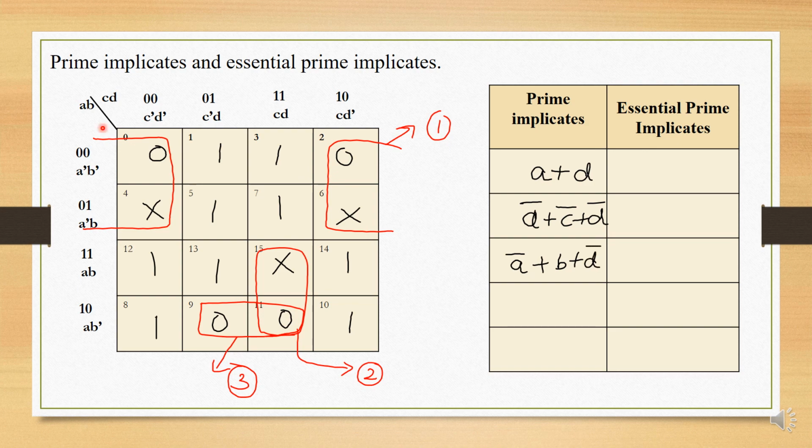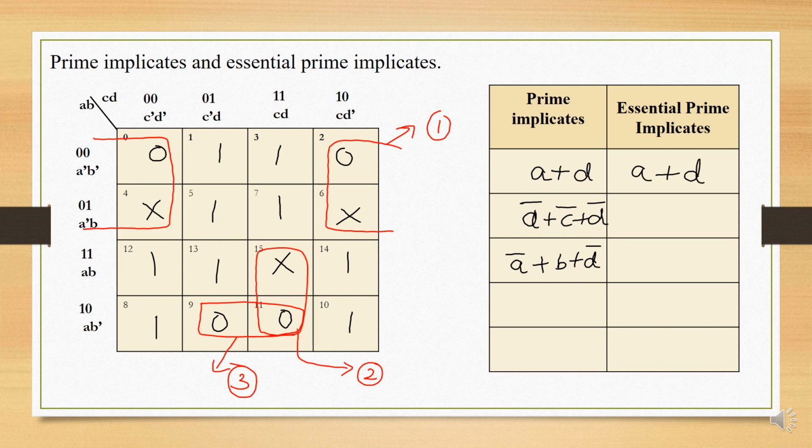Now from all these groups, we can see that from group number 1, we have a logic 0 which is covered by only one group. Therefore, group number 1 is considered an essential prime implicate. So let's write it: A plus D, essential prime implicate.